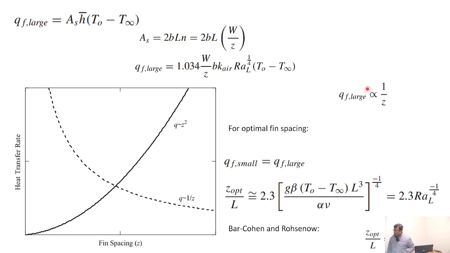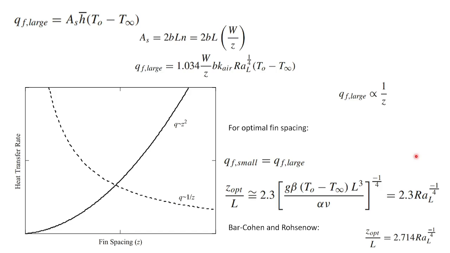Right. So this is a repetition from last class. And what can be done is that you plot these expressions. This is for the small spacing case, this is for the large spacing case. If you equate the two, then the optimal fin spacing turns out to be 2.3 times Rayleigh number to the power minus 1 by 4.